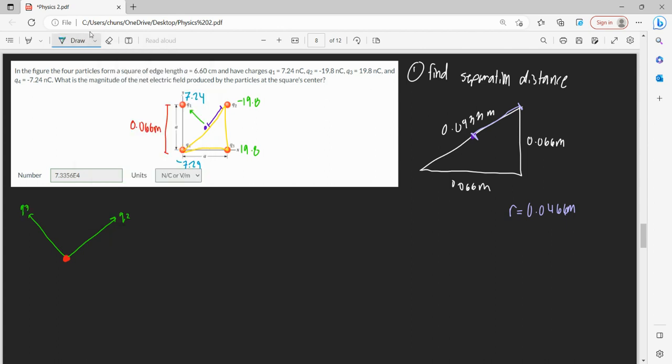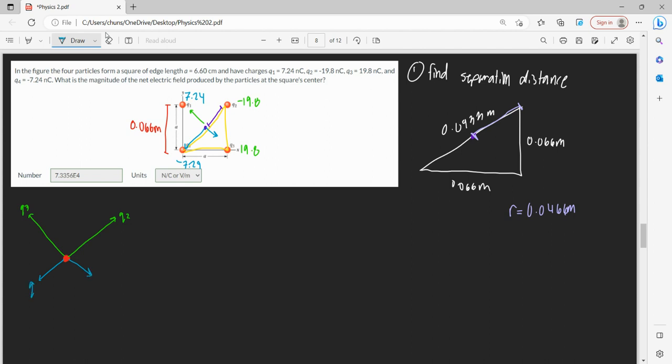Now, taking a look at our 7.24, we know that we have an attractive force going to Q4, sorry, and a repulsive force from Q1. So I'm going to draw this a little bit better so you can visualize the magnitudes of the vectors.